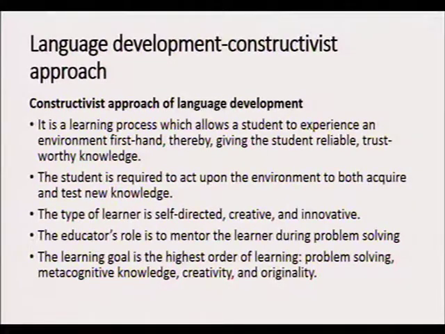And the teacher here can just act as a mentor or an advisor to mentor the learner through problem solving. The learning goal here is the highest order of learning: problem solving. You can give them a situation in which there is a problem and then they can try to solve the problem. We can bring in something like telephone conversations and job interviews or something like that.